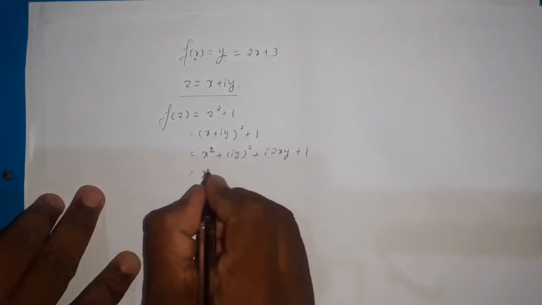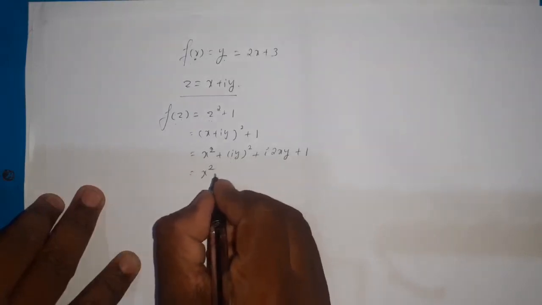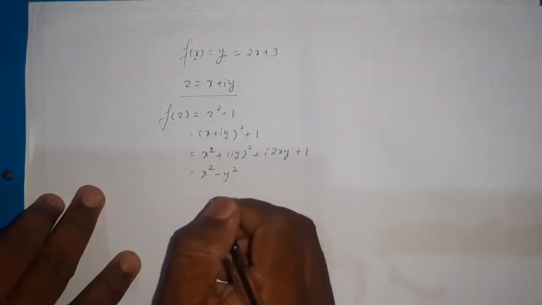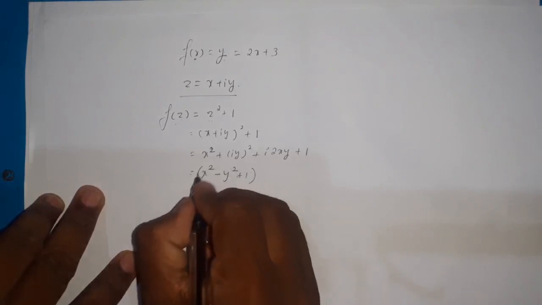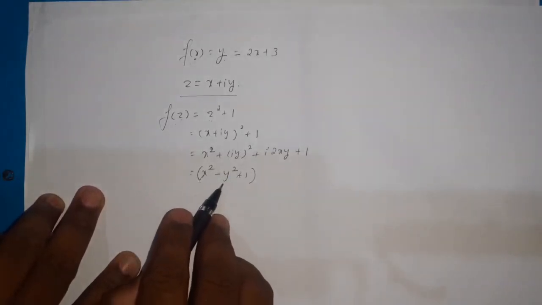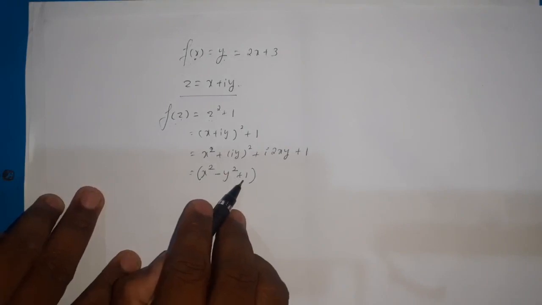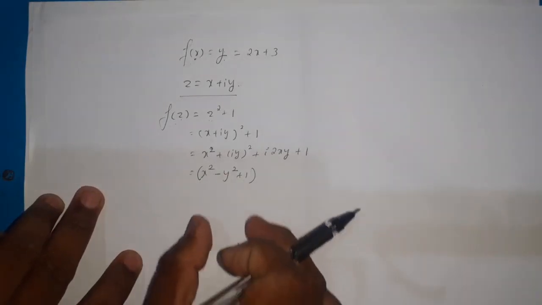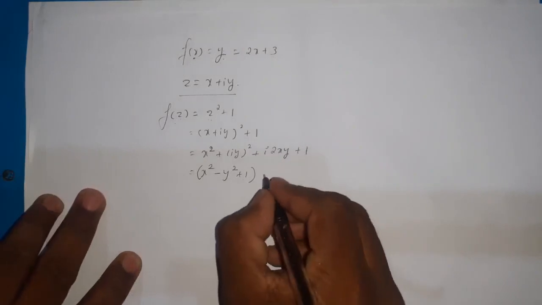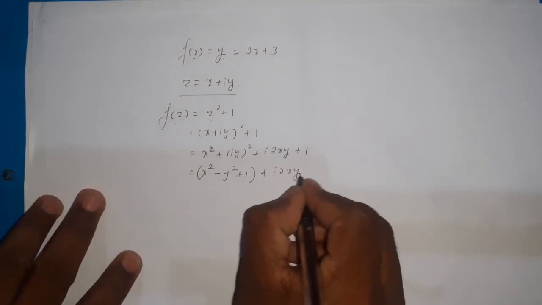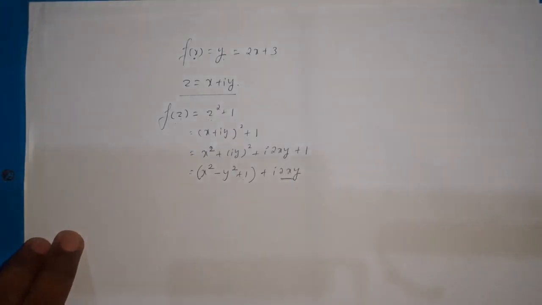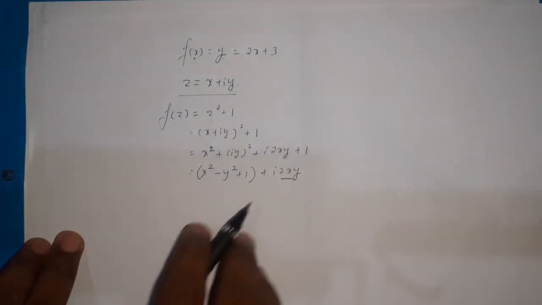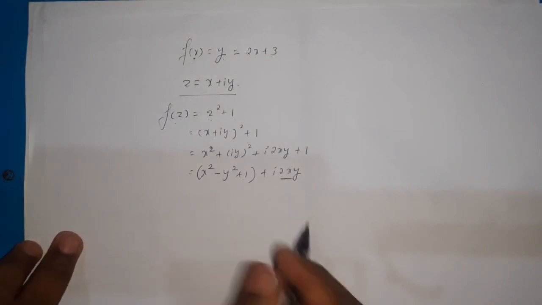This is equal to x square, here i square is minus 1, so that becomes minus y square. Here plus 1 is independent of i, so x square minus y square plus 1 is independent of i, meaning it is the real part, plus i into 2xy. Here this 2xy is multiplied by i, so this is the imaginary part.